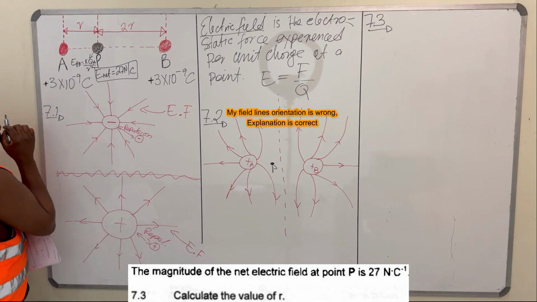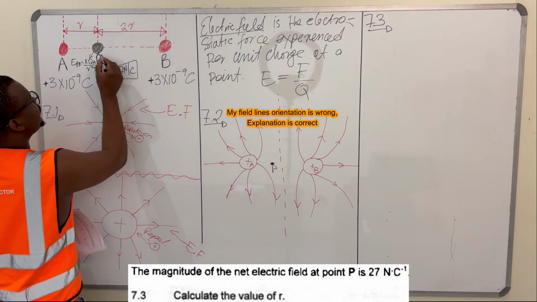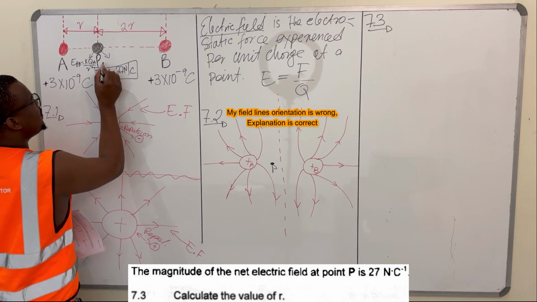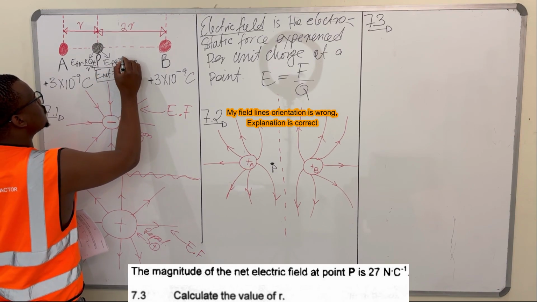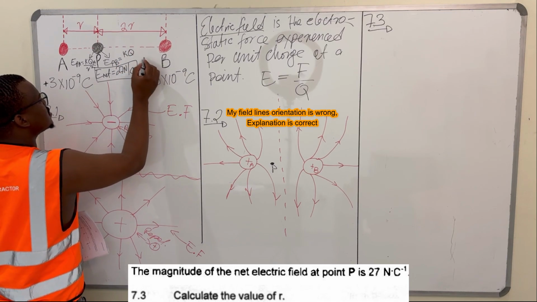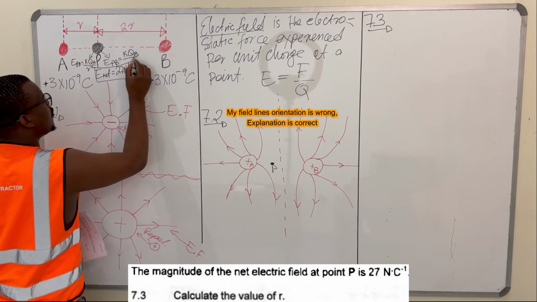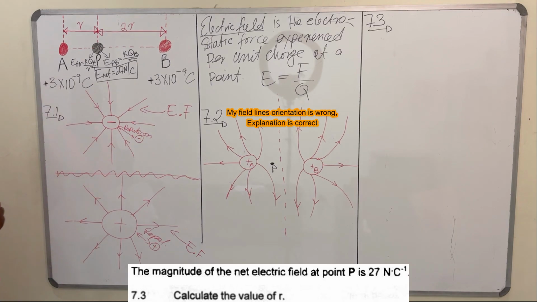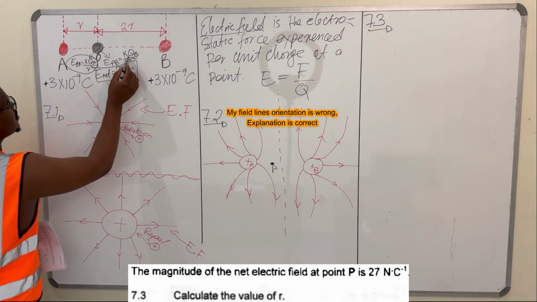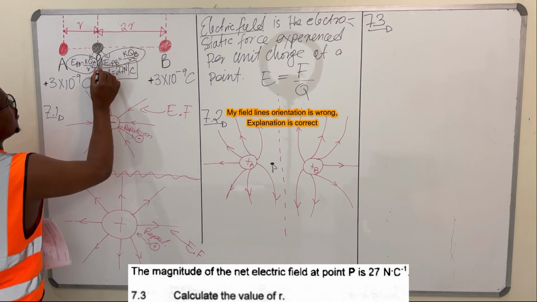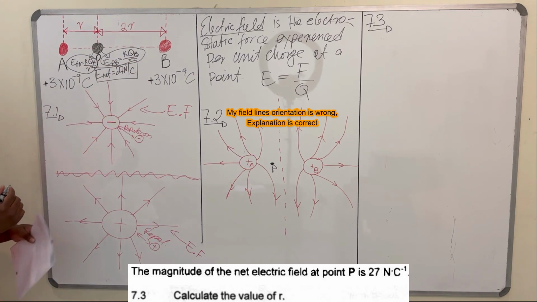The electric field at P due to B would be equal to K times the charge B over R squared. This is how we are going to calculate the electric field at P due to both charges.